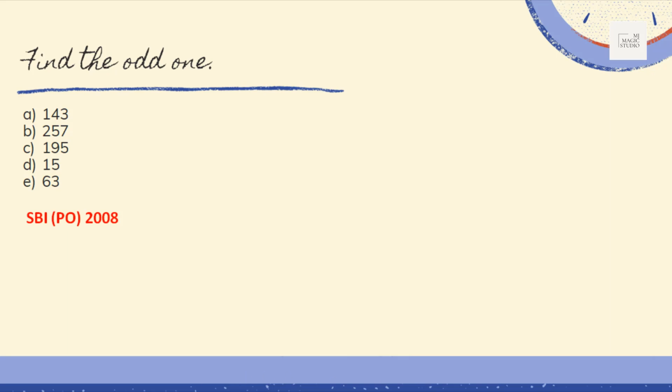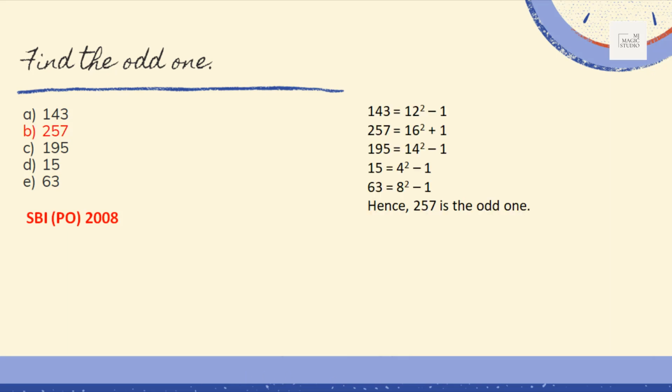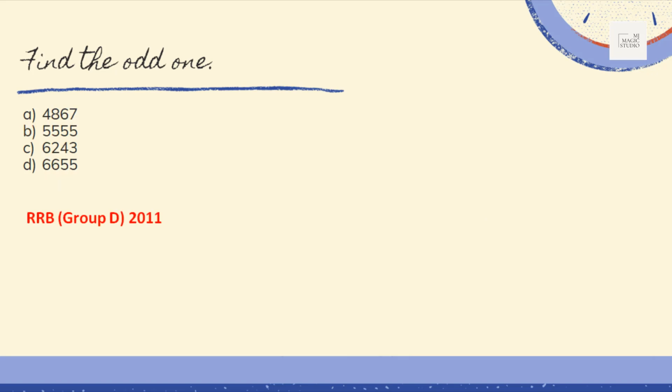That's why 257 is the odd one out. Try it. Find the odd one.